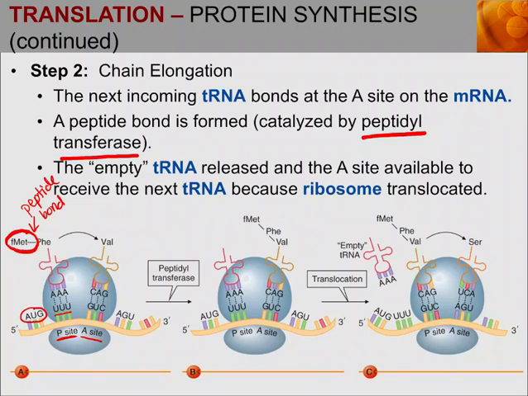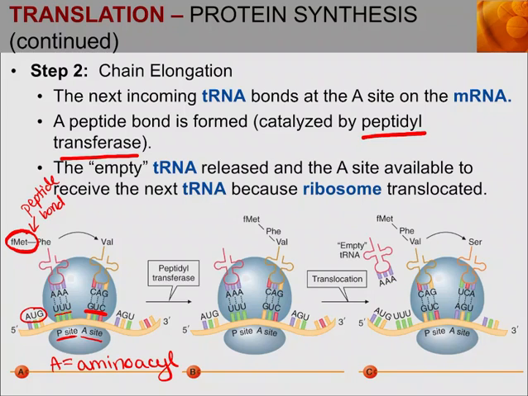Aminoacyl. There we go. That's a hard word to say. Aminoacyl. Okay, so let's say our next three letters are GUC. So that's going to translate as valine. So this is mRNA saying, hey, I need valine next. So then another transfer RNA will come in with valine attached.